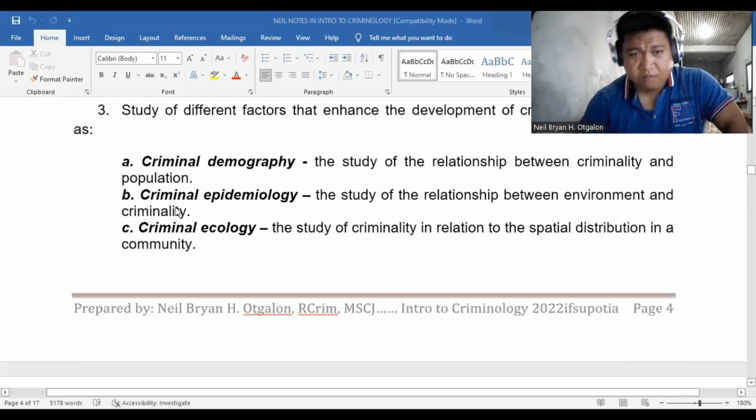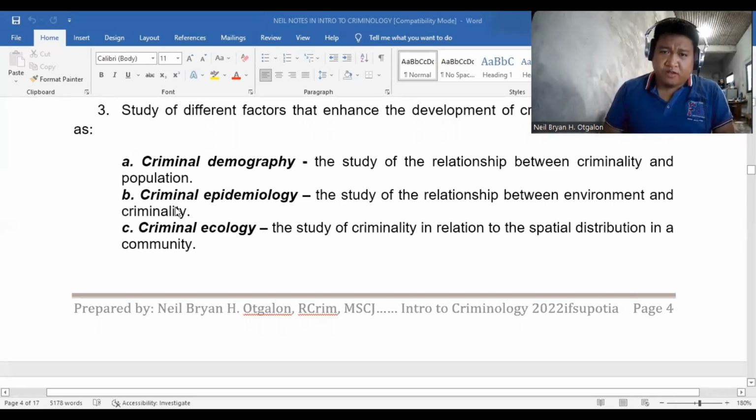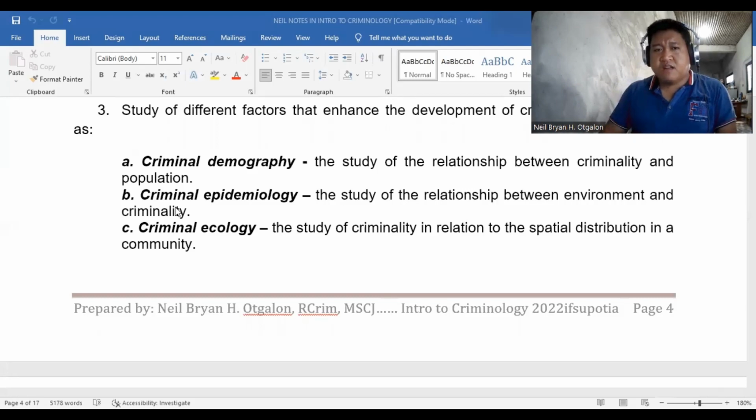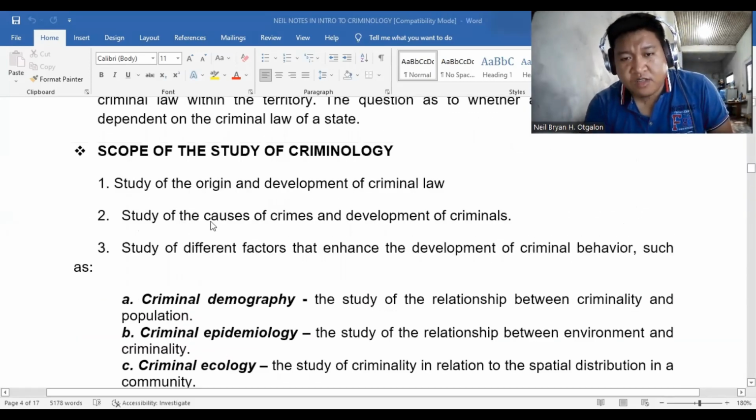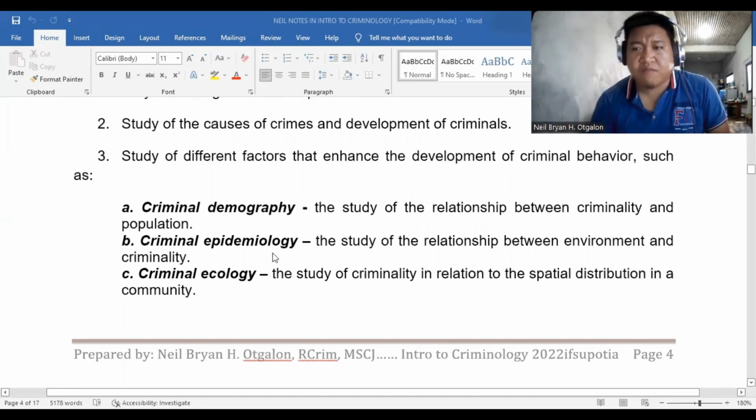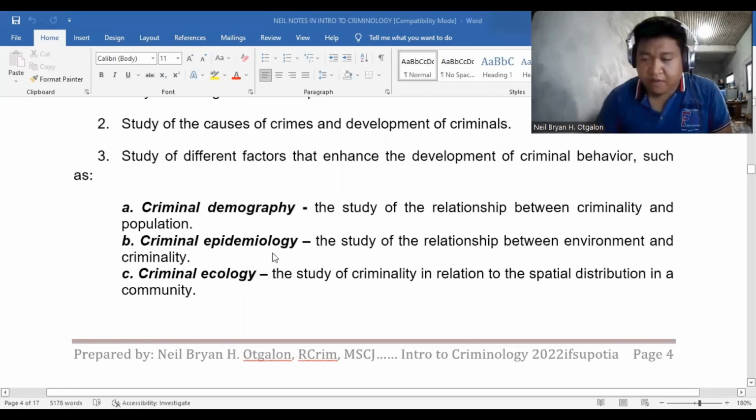The third is the study of the different factors that enhance the development of criminal behavior. That is, why people are engaging in crimes. So those are the scopes: study the origin, study the causes, and study the factors that enhance the development of criminal behavior.